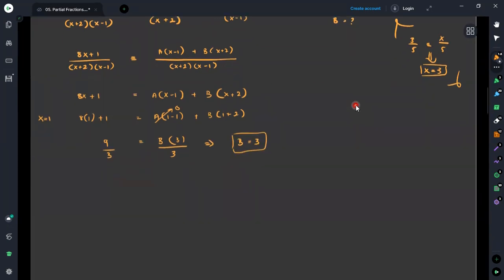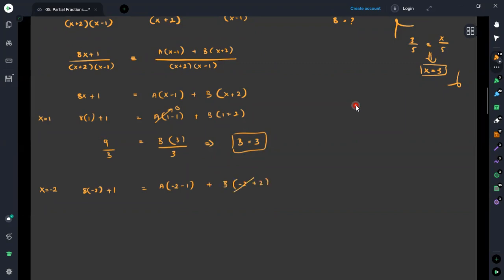As the next step, we can substitute x equals minus 2. I am substituting x equals minus 2 because I can simply make this part into 0. Then I can take 8 into minus 2 plus 1 equals a times minus 2 minus 1 plus b times minus 2 plus 2.